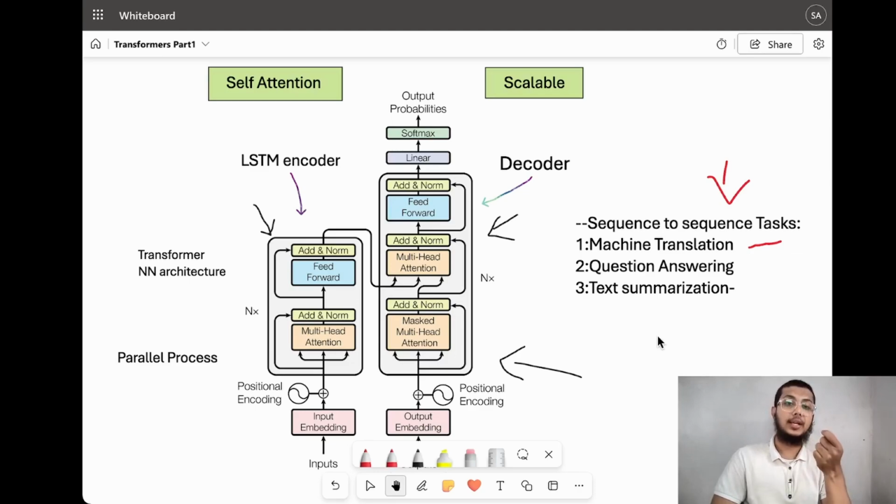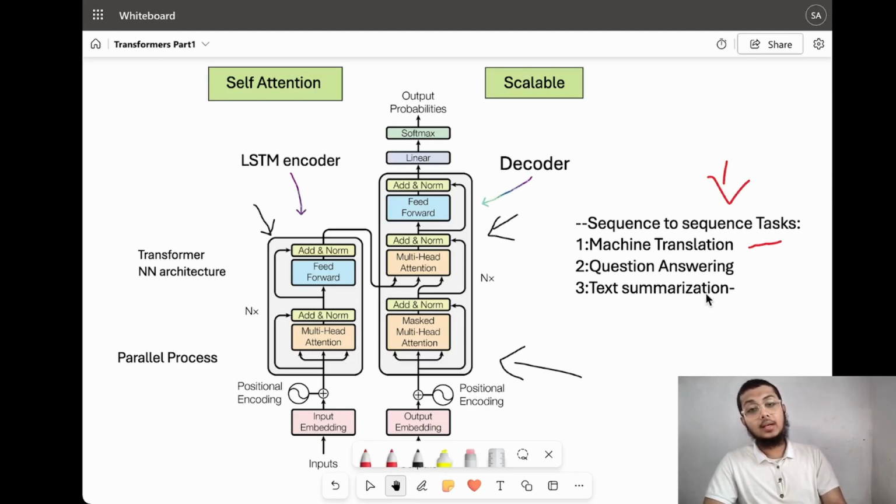And because of training in parallel, this architecture is highly scalable, which means you can actually use huge data sets to train it. For example, the concept of transfer learning was introduced in NLP, and then models like BERT and GPT were trained, which you can fine tune very easily. That's why the transformer is a groundbreaking technology.